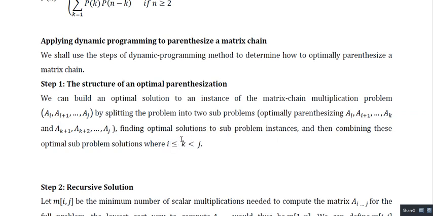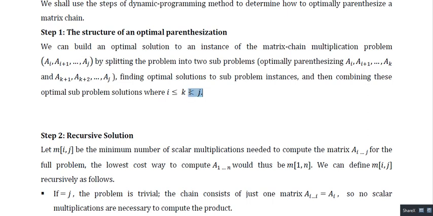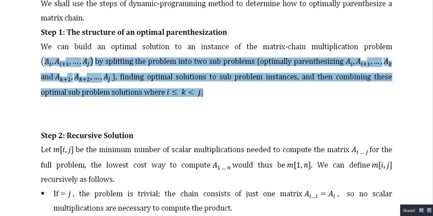So if the optimum point of parenthesization is k, then the whole list Ai to Aj can be divided into Ai to Ak and another list Ak plus 1 to Aj. This way we can characterize our chain multiplication.